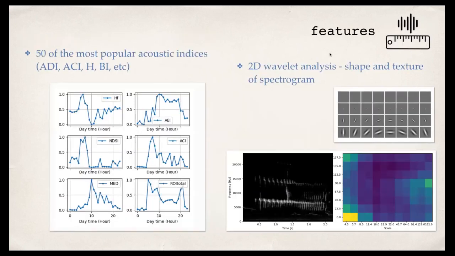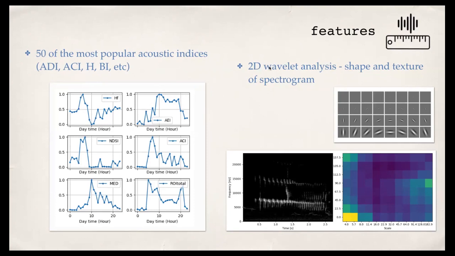That is the next module that we have. If you're working on soundscape patterns or acoustic community patterns, we wrote more than 50 of the most popular acoustic indices. So you can have these nice patterns of the soundscape during the hour.